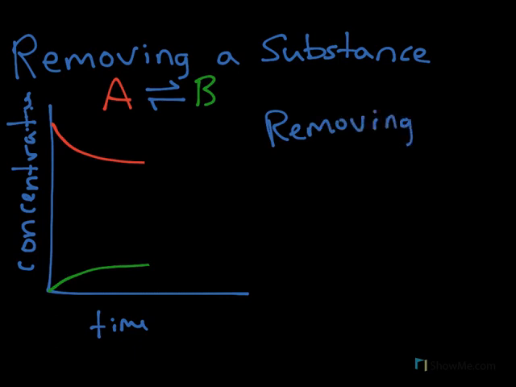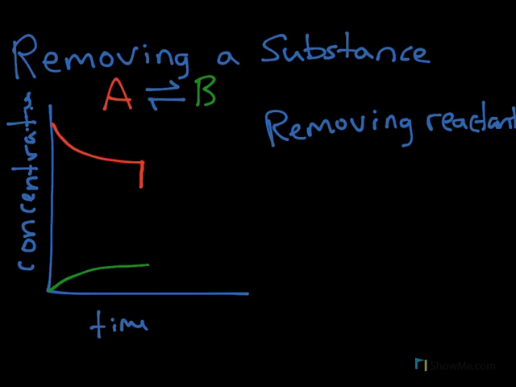Removing a reactant. Well, think about this. Instead of our vertical piece going up, our vertical piece here would be going down. So our concentration of A is going to dramatically drop. The system was already at equilibrium, and then we siphon off some reactant. Well, now there's not as much A as there should have been at equilibrium.